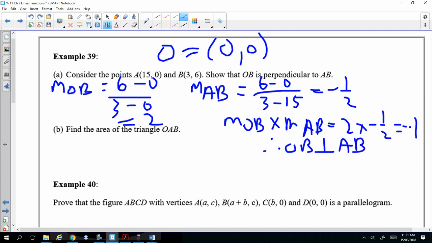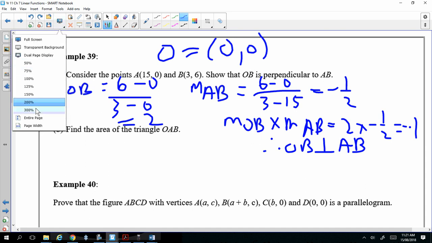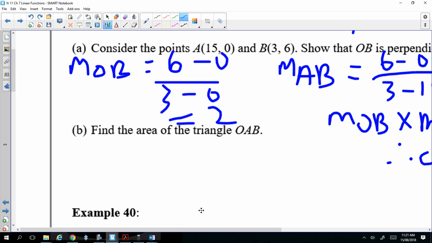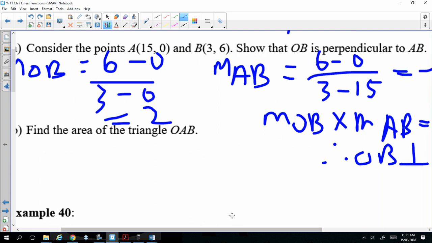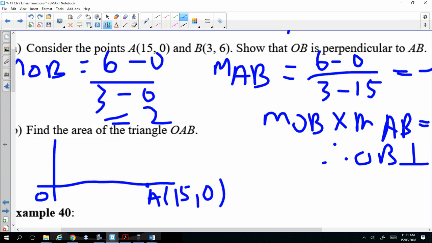Done. How do you find the area of the triangle? Let's draw a brief sketch. O is here, A is here, B is somewhere there. That's 3, 6. That's the triangle. Who can suggest what to do? That's a right angle, by the way. Which one's the perpendicular height? Yeah, this one.